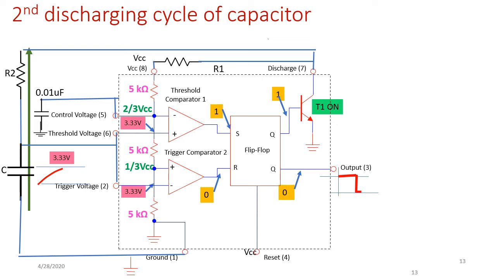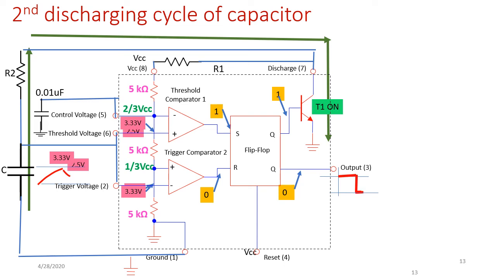So my capacitor is discharging through this path, and as a result my voltage will go down. For example, it is going to 2.5, and it will reach down to 1.66 volts. Once it reaches 1.66 volts, trigger comparator 2 will give output 1, and the threshold comparator will give output 0.